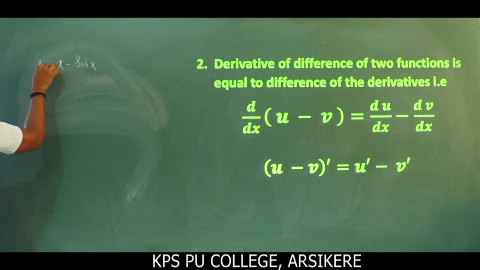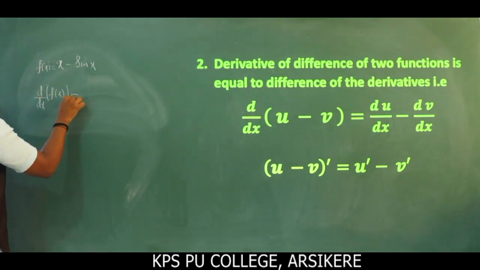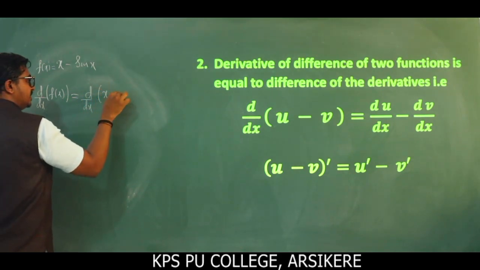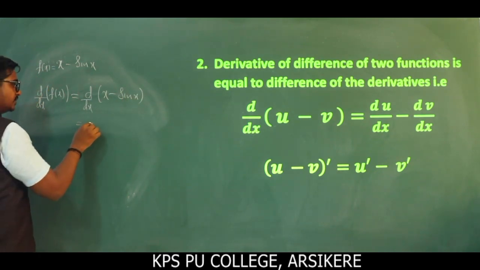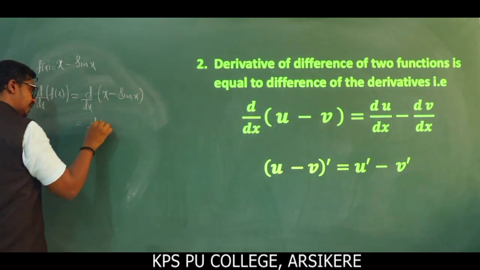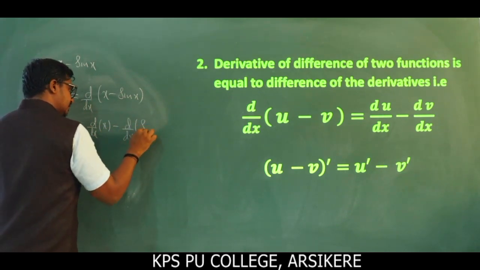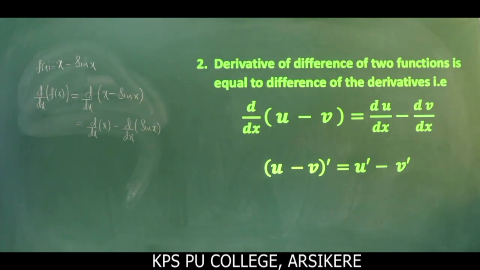This is here f of x. d by dx of f of x or f dash of x is equal to d by dx of what we have here, x minus sin x, difference of two functions. So this becomes d by dx of x minus d by dx of sin x. This is the thing. Take a pause and note down.